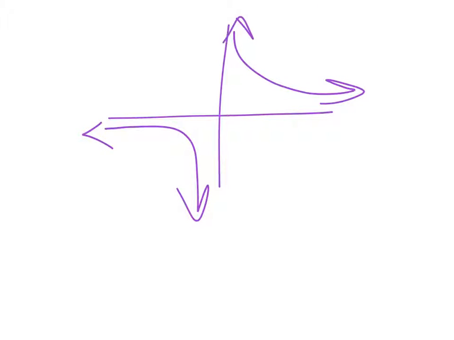Now, when you have a rational function and you end up with these vertical lines or a horizontal line that the function never touches, there's a special word for that on page 685, and that word is the asymptote.